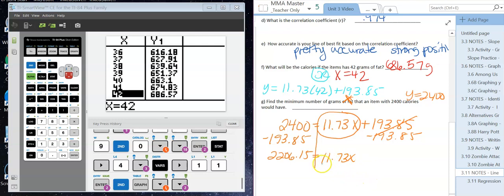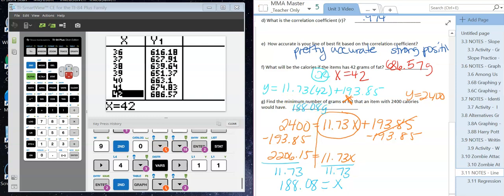They're multiplying. So to get rid of multiply, you're going to divide. So x equals, and that would be 188.08 grams of fat. Okay?